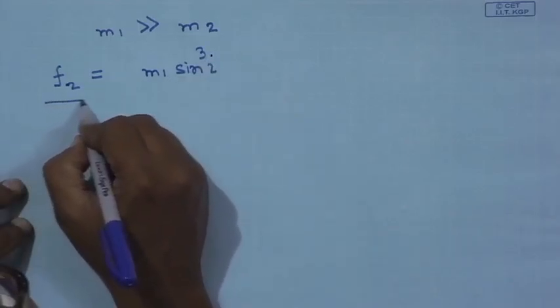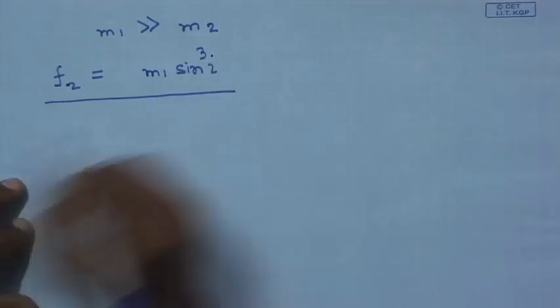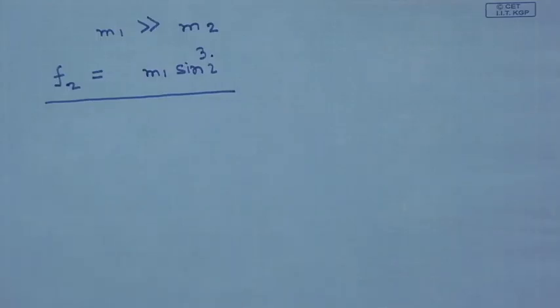So, in this case I have a constraint only on the more massive object.